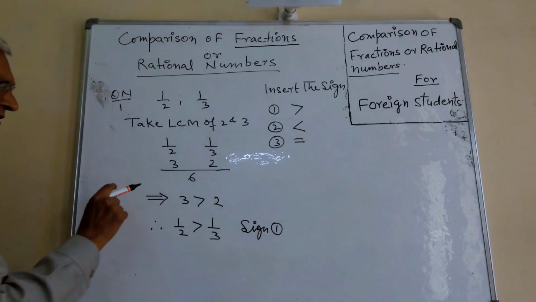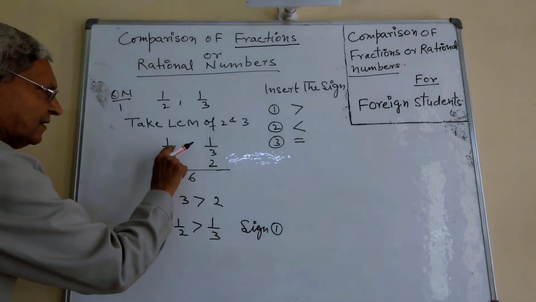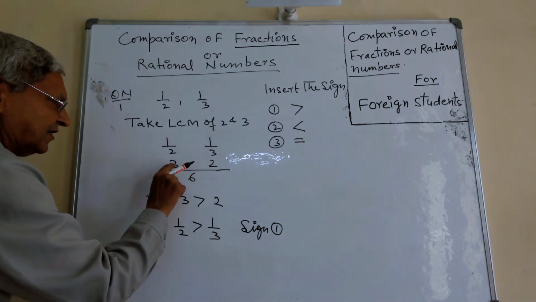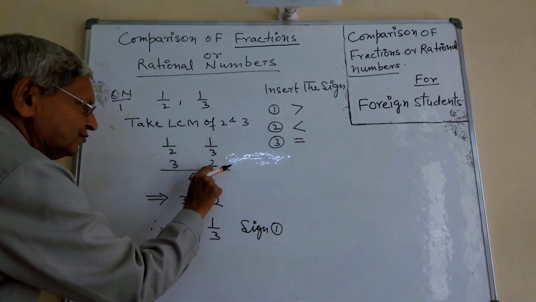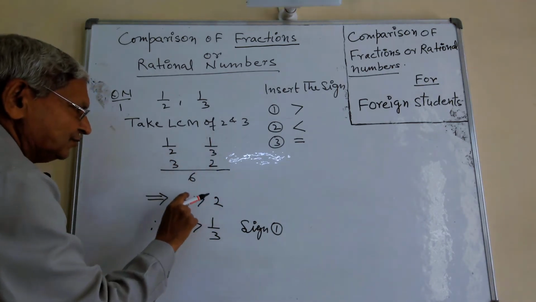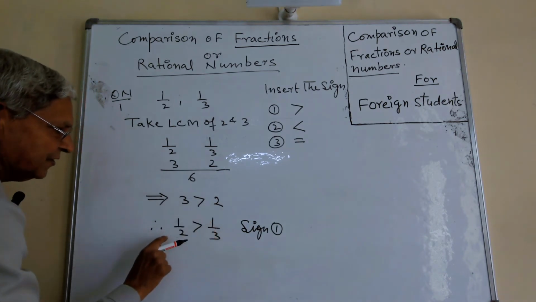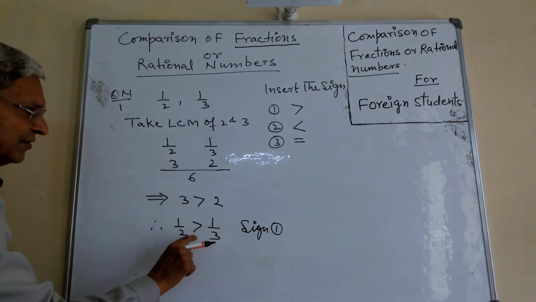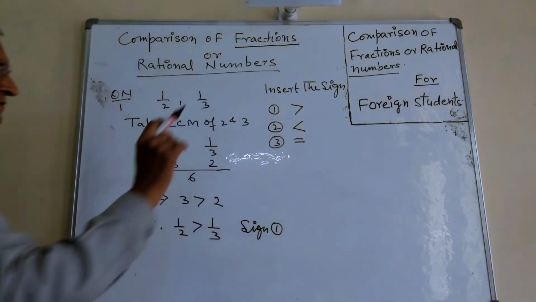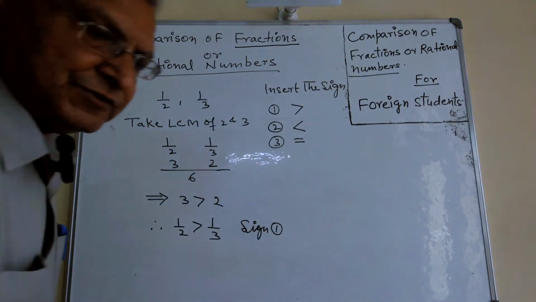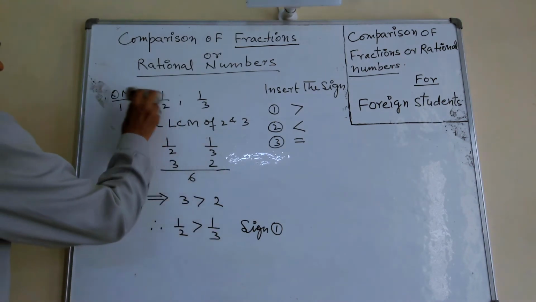You see here, from the first fraction you get 3, and from the second fraction you get 2. So 3 is greater than 2. Therefore, the fraction 1 by 2 is greater than 1 by 3. Put the sign first. Now I am taking the second question.